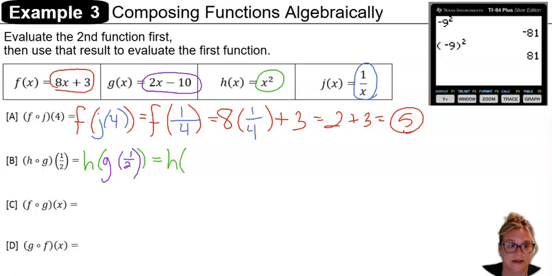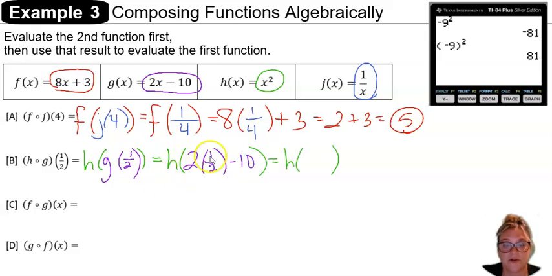So now we're going to take h, and we're going to evaluate g of 1/2. So we put a 1/2 in here for x. So that's 2 times 1/2, then minus 10. So we've got 2 times 1/2, which is 1, minus 10 is negative 9. So we're evaluating h of negative 9.